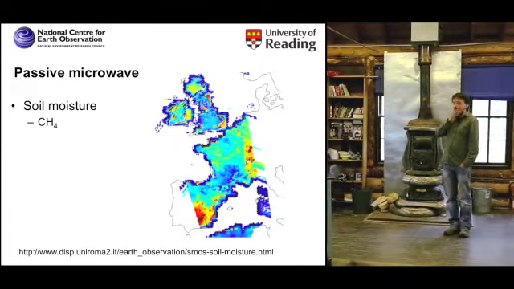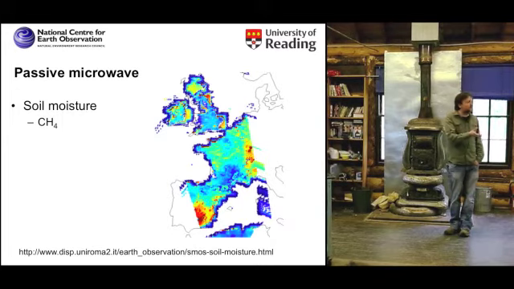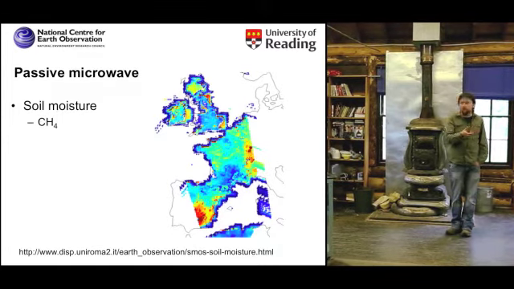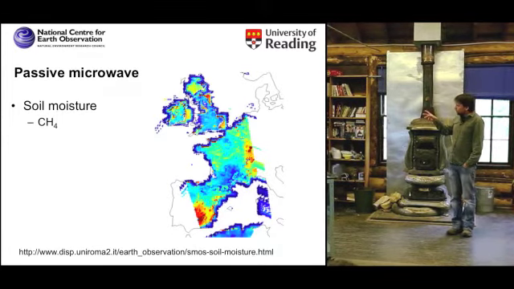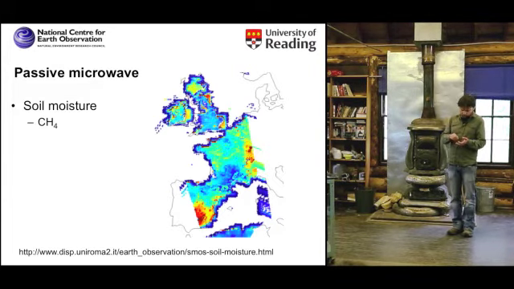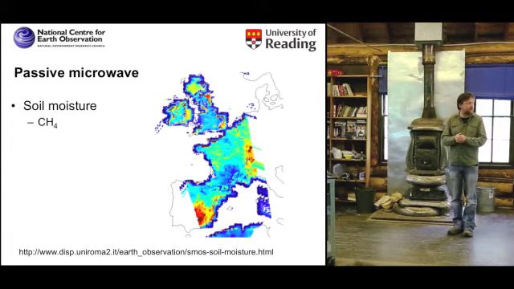Passive microwave stuff, sensitive to soil moisture, basically. We currently have SMOS in space, which is the Soil Moisture and Ocean Salinity mission. SMAP, which is the Soil Moisture Active Passive mission, has just been signed off by NASA, so that is going to be launched apparently fairly quickly, but that means, realistically, in about 5 years time.